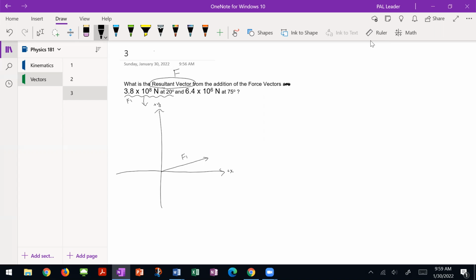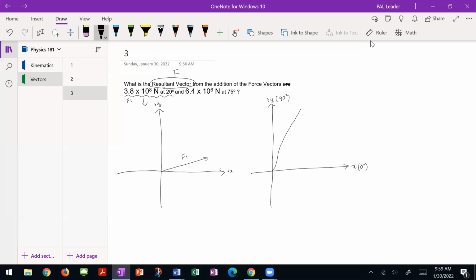And now I'm going to make another coordinate for F2. F2 is at 75 degrees. So if positive x is 0, positive y would be 90, right? So it's somewhere in between there. 75, like that.